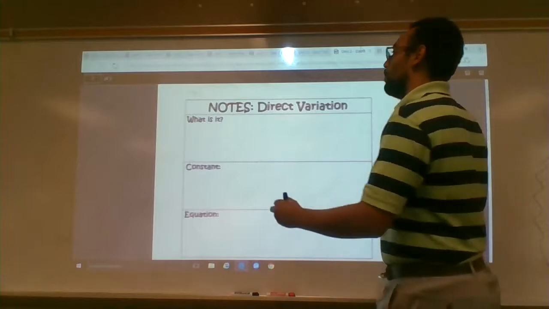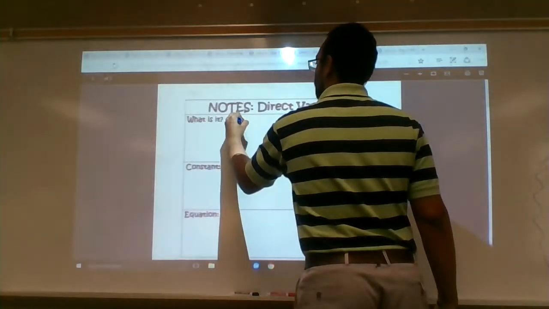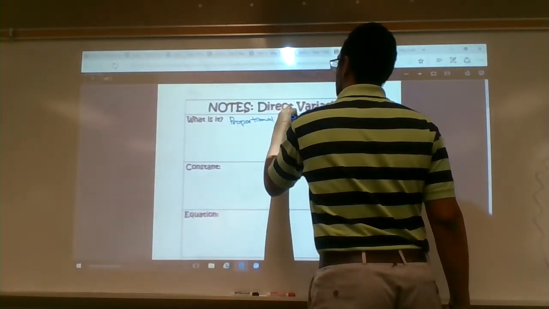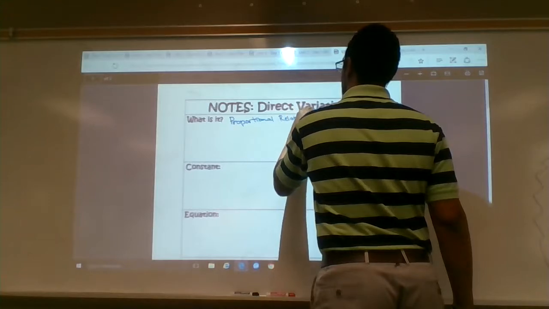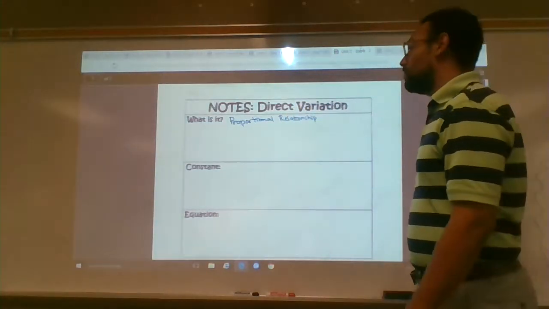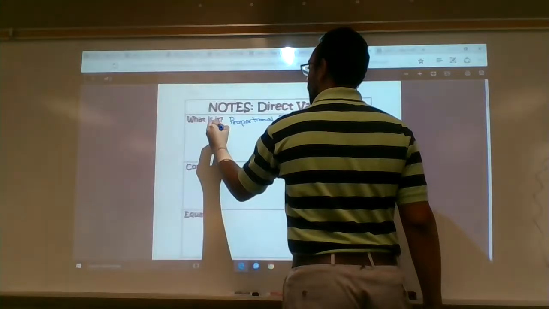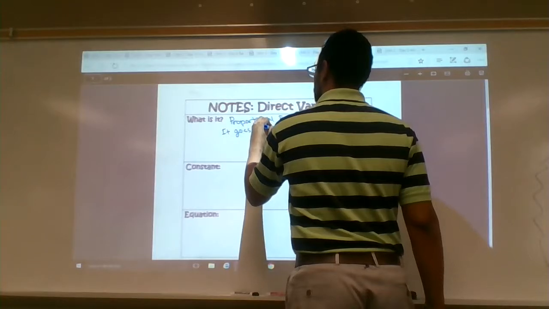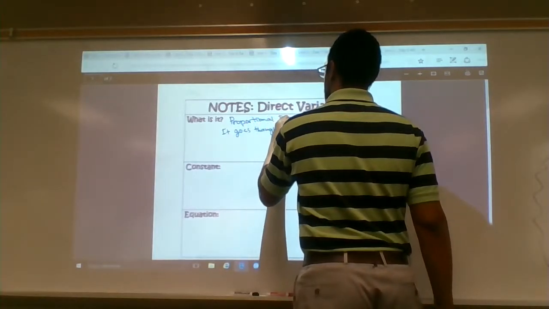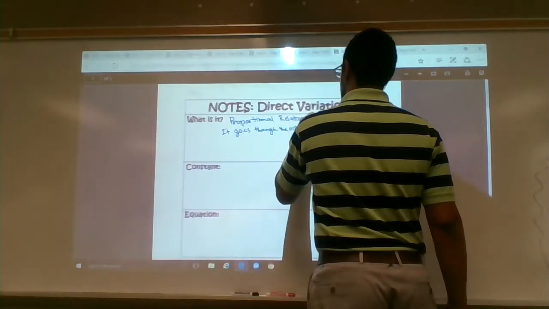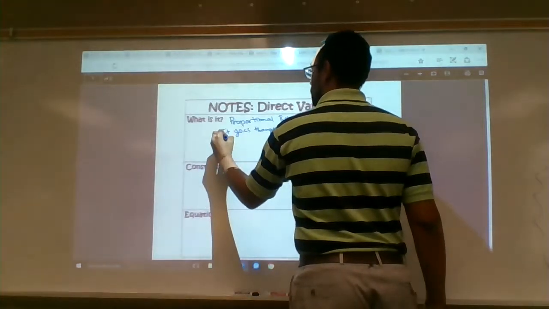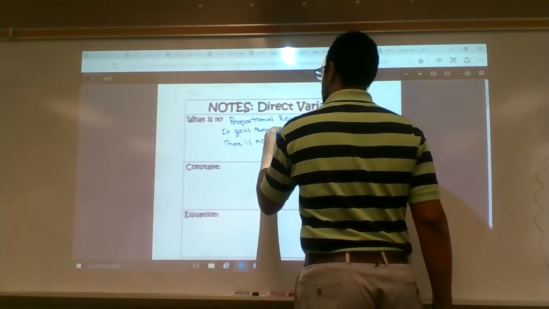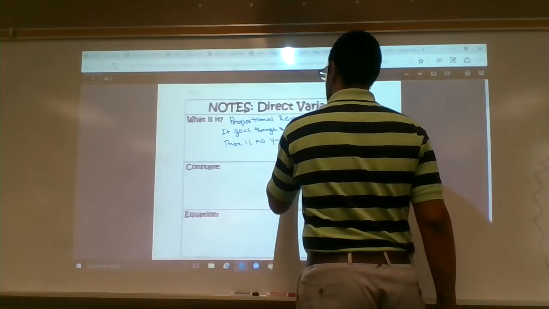Okay, so direct variation, what is it? It is a proportional relationship. Okay, now key features. The line goes through the origin, so it goes through 0, 0, and there is no y-intercept.